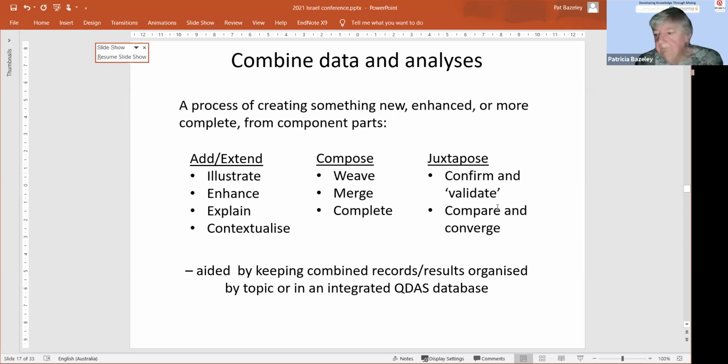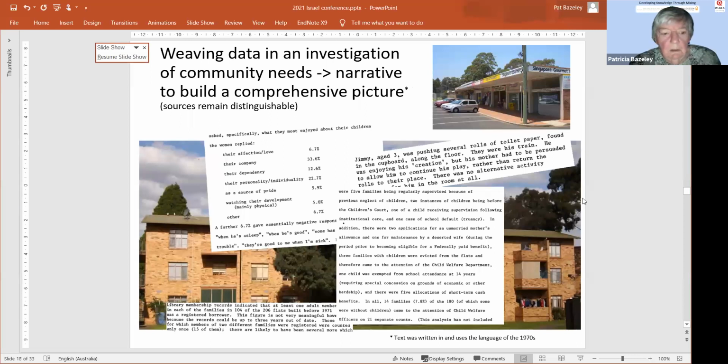So this, in fact, is data from my PhD back in the 1970s, and I had all different kinds of data.